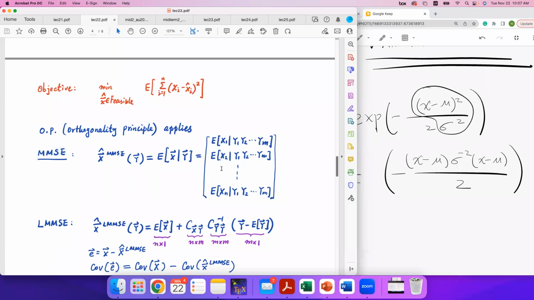It's a concatenation of these coordinate-wise conditional expectations. However, each conditional expectation is conditioned on the entire random vector y. It's conditioned on y1 up to ym. It is not only up to the random variable yi, but on the entire set of random variables involved in y.